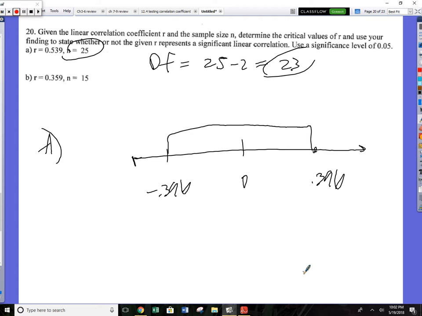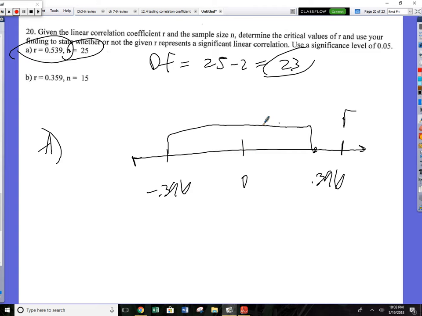Okay, now your correlation coefficient is 0.539, so you gotta remember this. It's right here, this is my r value. The closer you get to 1, that means the stronger the relationship is. 0 has no relationship. So I want to be outside.